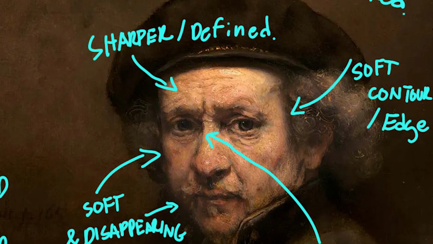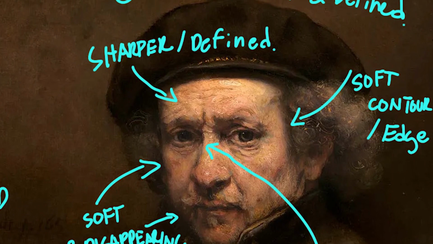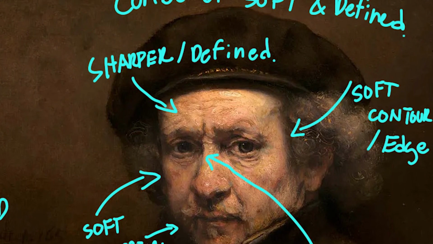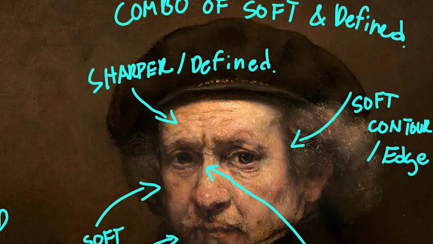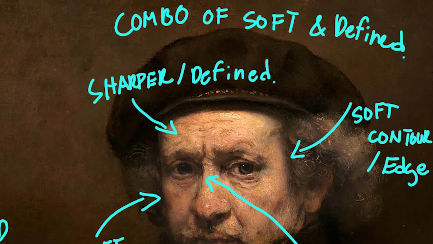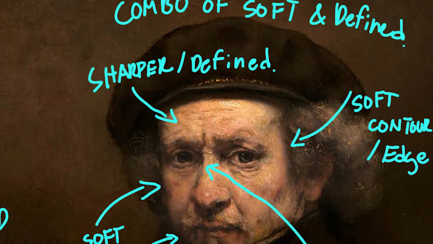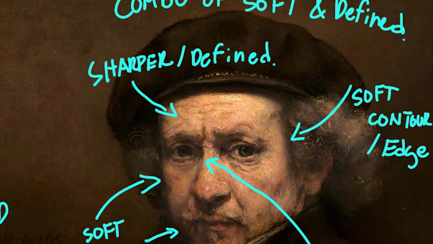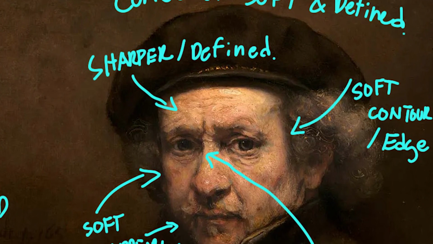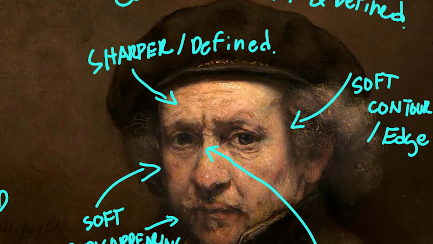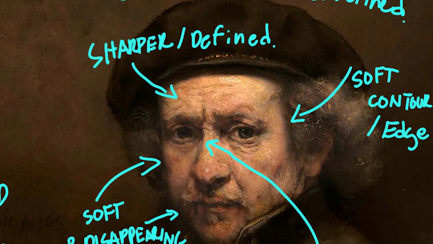And it's really softly rendered, and it's really subtle. We don't see an exact contour to it, but it's very soft compared to Anthony Van Dyck's, which is a lot more defined. And the same thing with the side where the face is connecting to the hairline. That part is also a very soft contour.